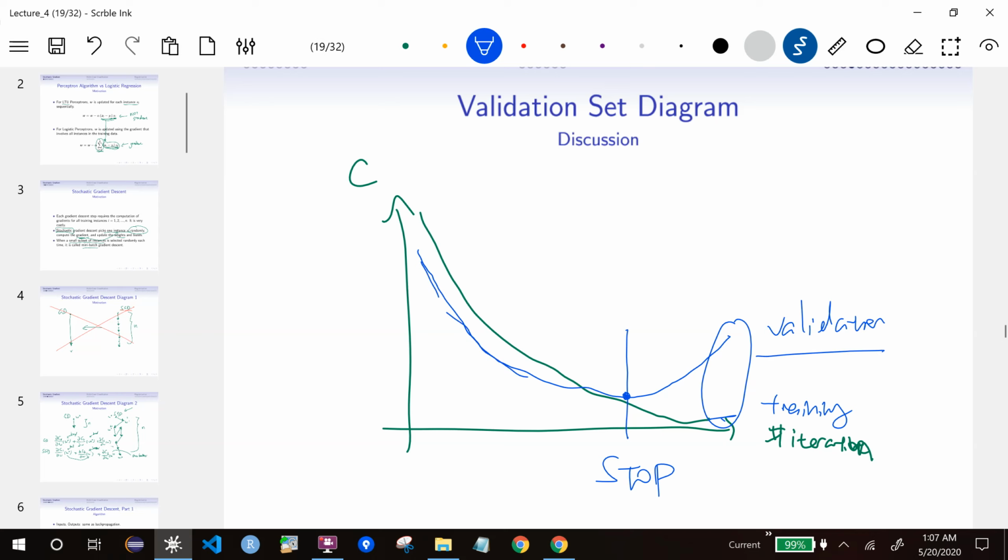This line represents the cost on the instances in the validation set, and this is the cost of the instances in the original training set. So if we stop here, then the cost is low for both of the sets. So we may want to do that. So that's one way of regularization.